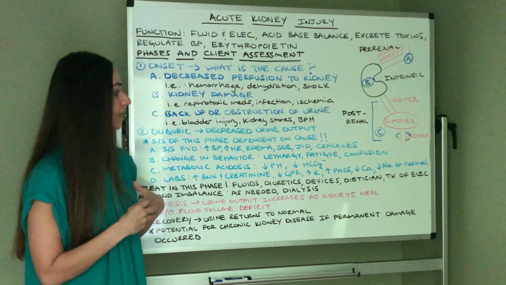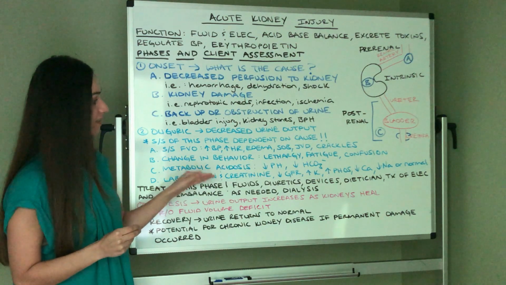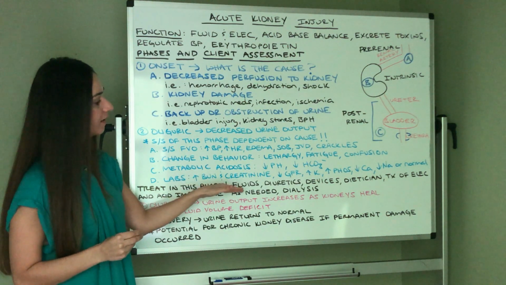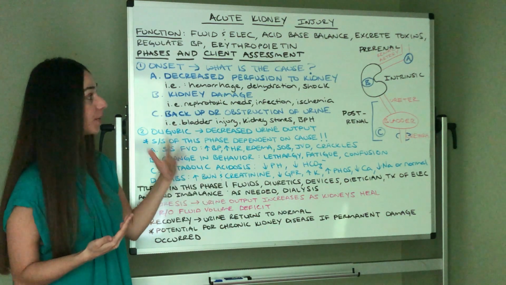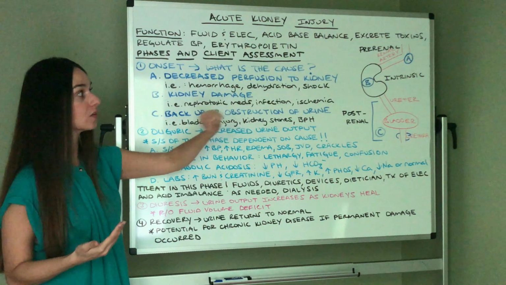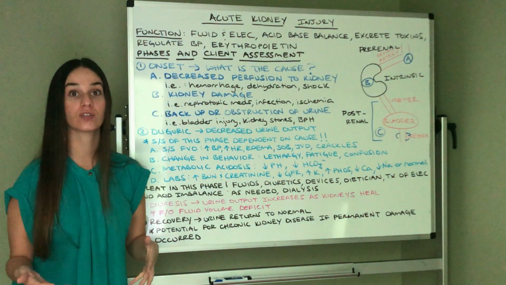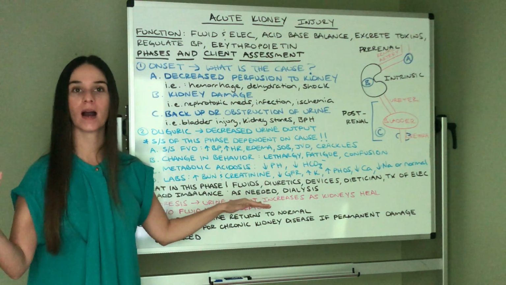Let's look at this. Let's say we started our intervention. Let's say we had a client that was hemorrhaging, or a burn client, whatever reason, and we now have pre-renal causes that led to a lack of oxygen to our kidney, causing kidney damage. And our potassium could be super, super high.